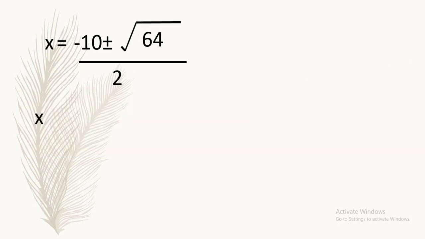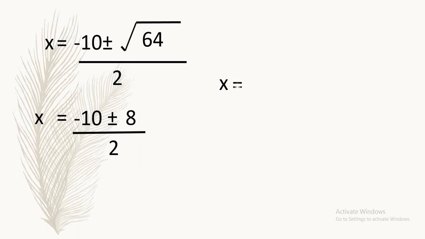Then let us simplify the square root of 64, which is 8. Just copy the negative 10 plus or minus 8, all over 2. Now let us simplify the numerator. We have two parts, the positive 8 and the negative 8.